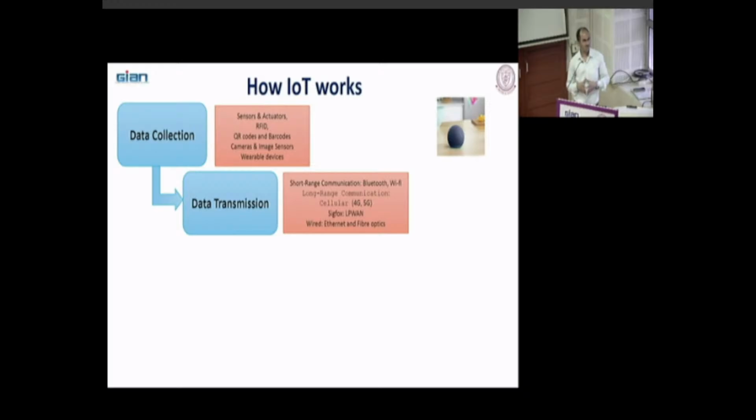For short range communication, you can use Bluetooth or Wi-Fi to transfer whatever data is available. For long range communication, you go with cellular, LPWAN, wired Ethernet, or fiber optics, because a huge amount of data needs to be transferred centrally over long distances. Those are examples of data transmission technologies.